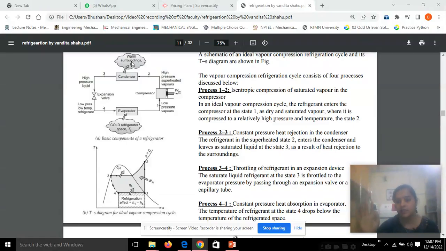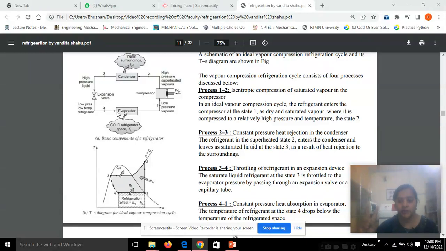You might have seen that at the back side of the refrigerator there are coils. Those coils are nothing but the condenser coil, where the heat is rejected to the environment. Then after the condenser, the refrigerant goes to the expansion valve and expands. When it expands, the pressure is restored back to the lower pressure.